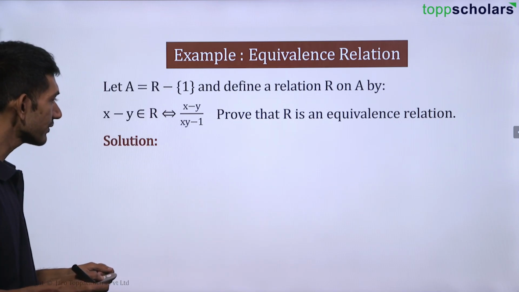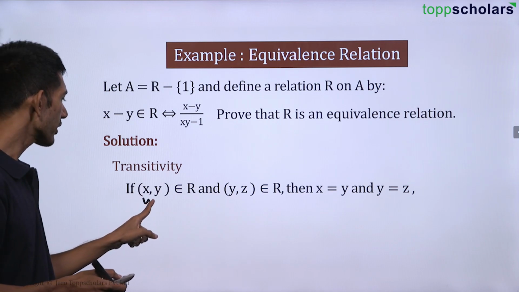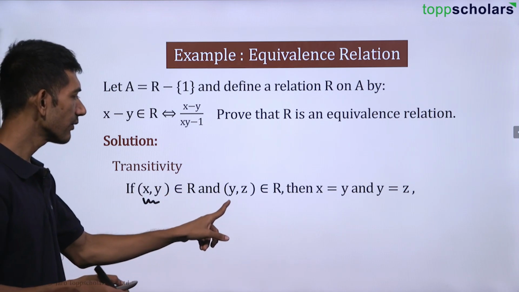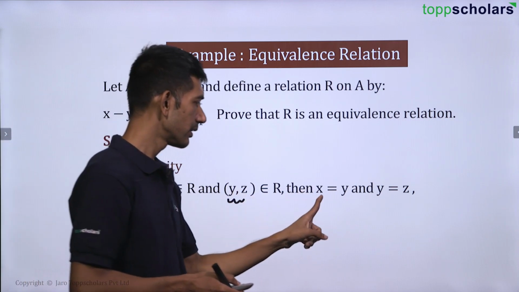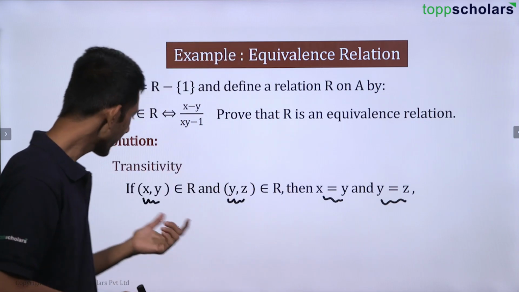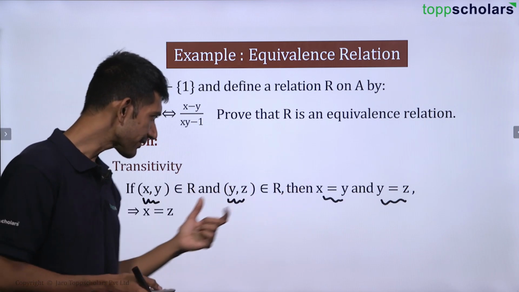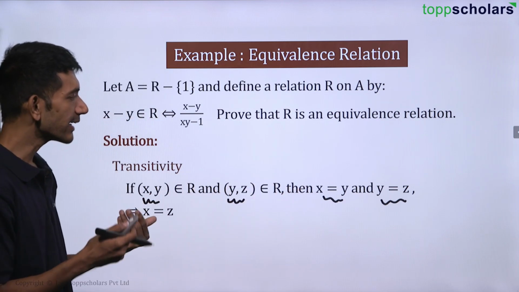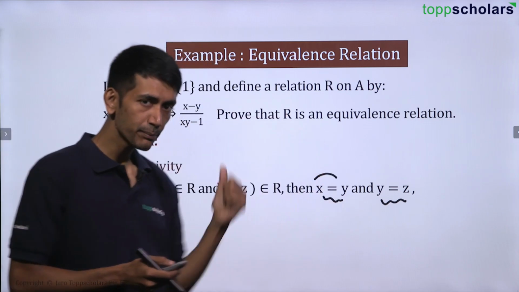Now what about transitive? Now for transitivity, what do we need? We need ordered pair (x, y) belonging to R. We need ordered pair (y, z) belonging to R. Then (x, y) and (y, z), both of them if they are equal, we can say that x is equal to z. So we need to check (x, y) and (y, z) are equal. But if you remember, x is equal to y we have already proved.